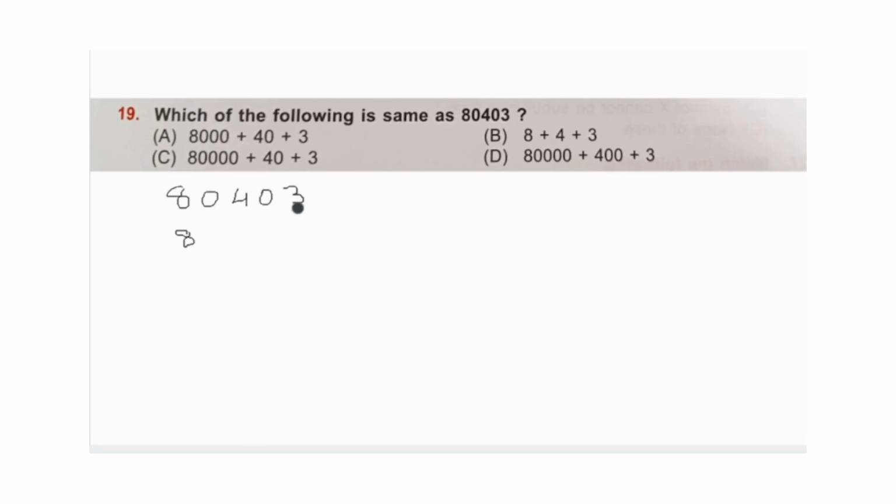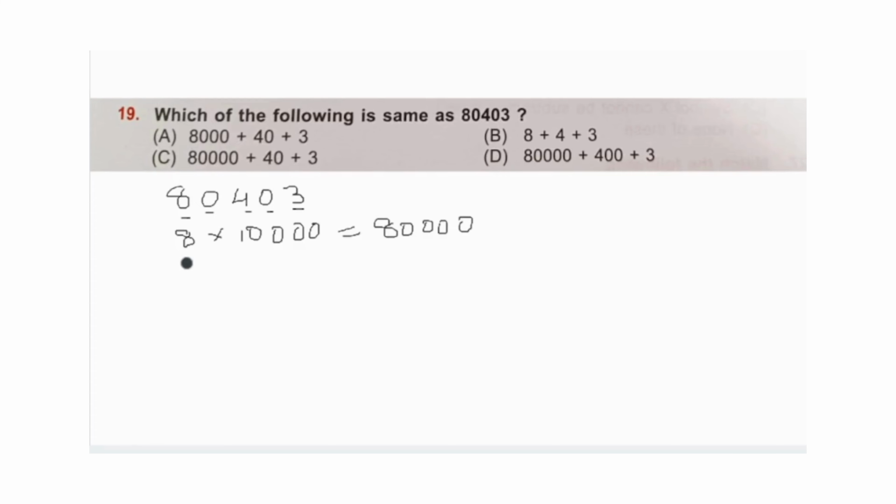Here we have ones, tens, hundreds, thousands and ten thousands. So 8 into 10,000 gives us 80,000.